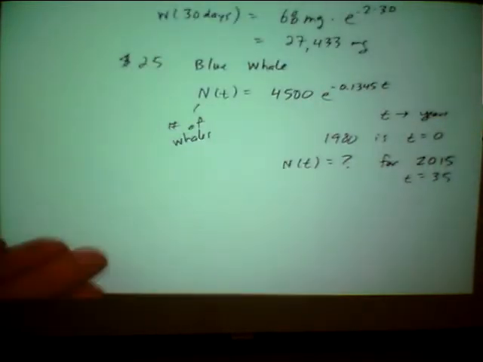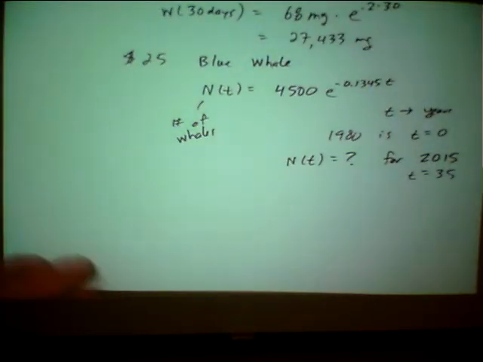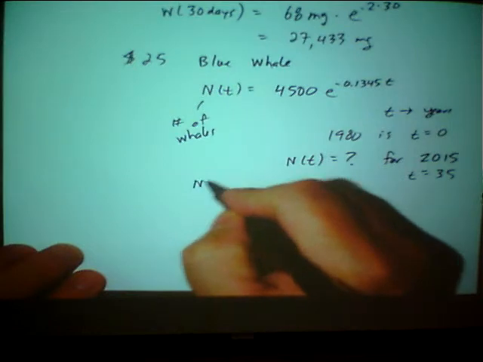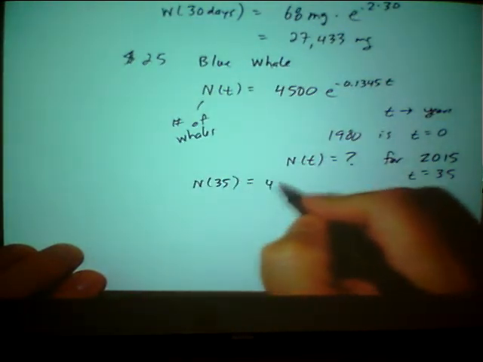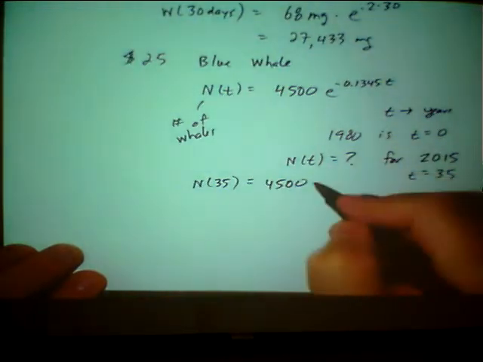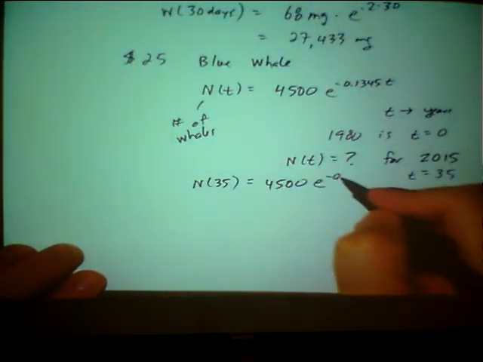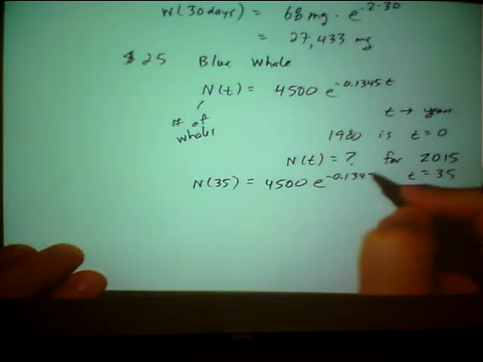So now it's just a matter of doing some math. Really, I'm calculating N of 35, so 4,500 e to the negative 0.1345 times 35.